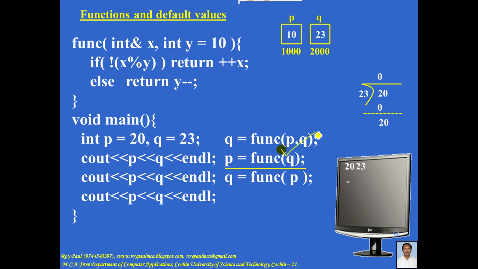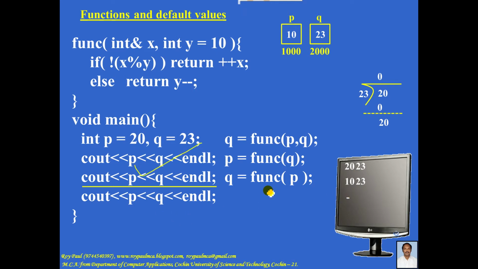Now after this, next line, here you get the next answer. Cout output operator P, P is 10. Output operator Q, your Q is 23. So it is 10. Here there is no space in the output operator, so without any space you write 23 followed by endl. Cursor goes to next line.